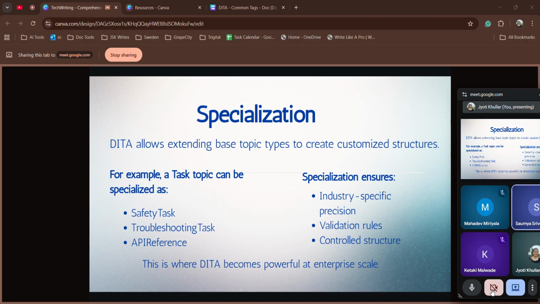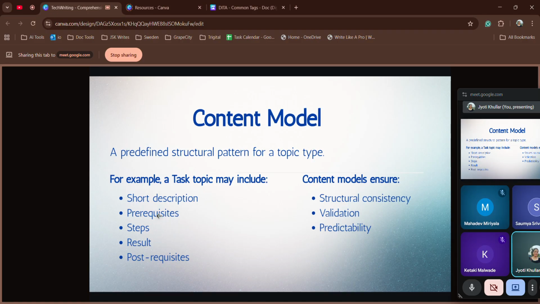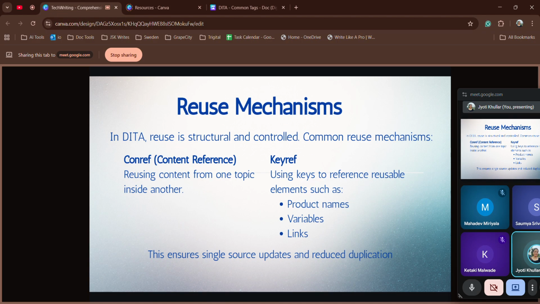I need an example. Okay, we'll do that, we'll do examples too. Before that, did you understand everything else? Yeah. Okay, we'll see it with examples. I will try to show you some sample topics that will show you how this works.